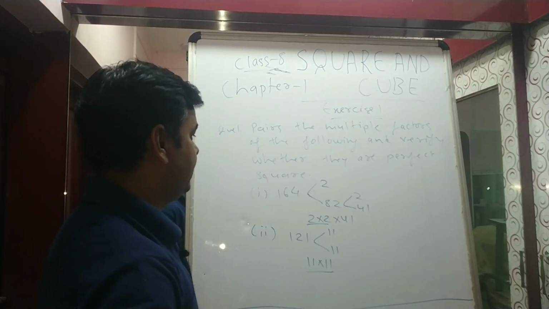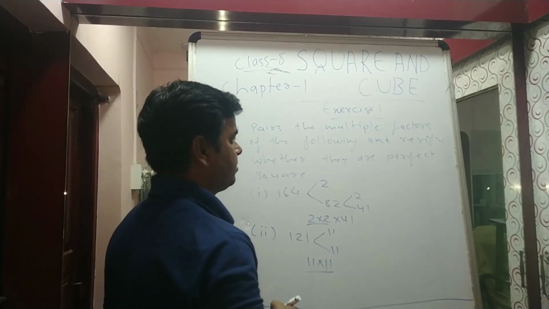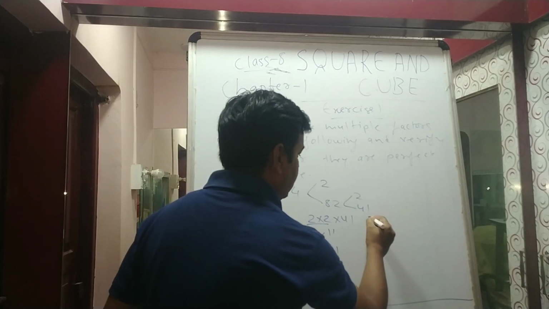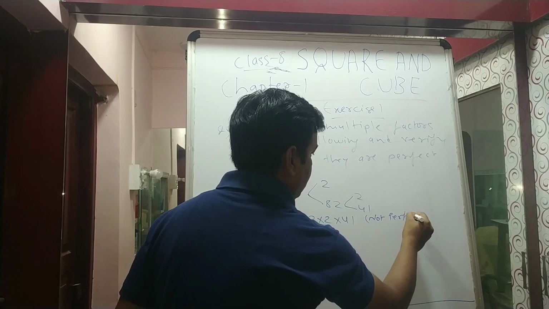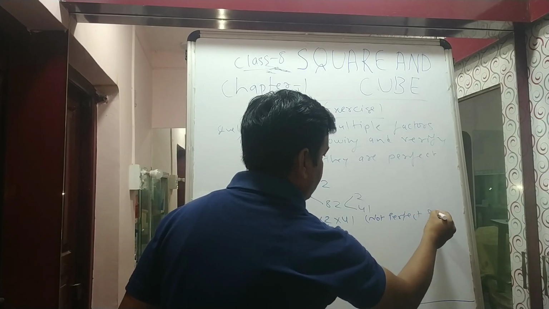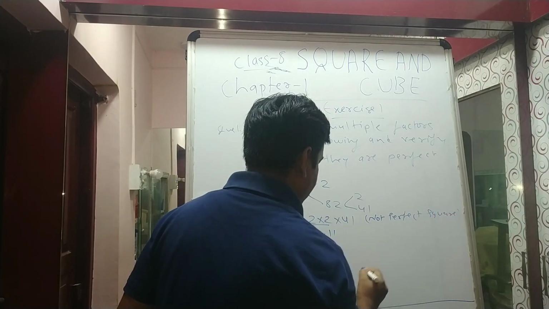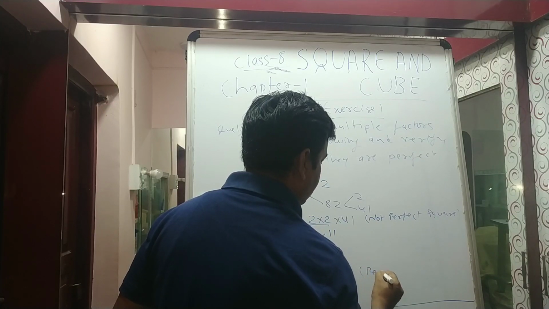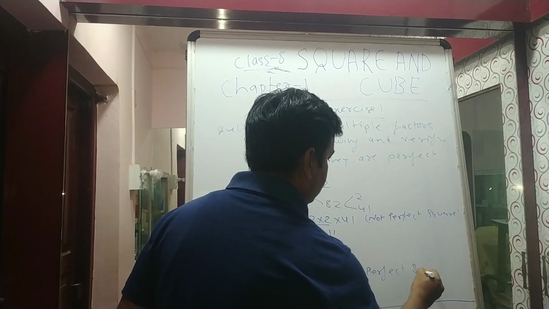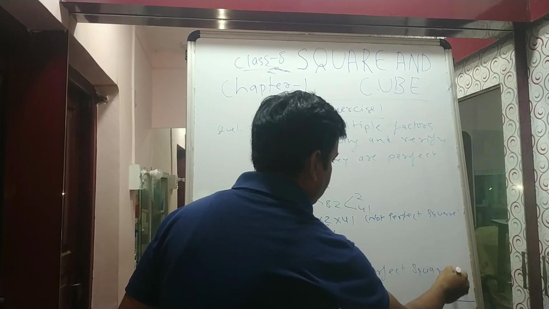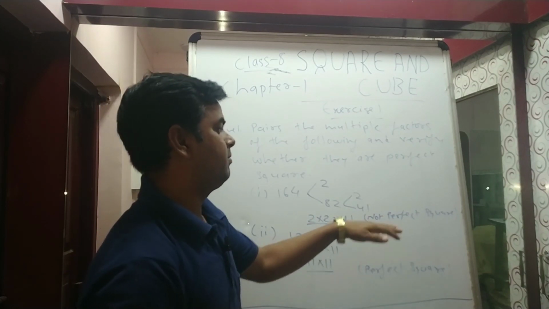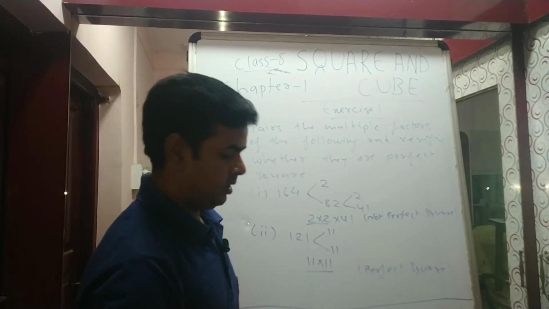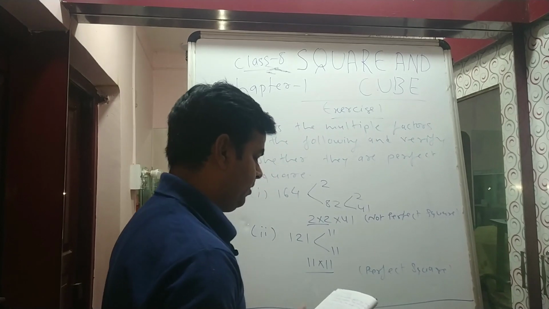So we can say yes, this is a perfect square number. So first we need to find the factors, then we can say that it is a perfect square number or it is not a perfect square number. Okay, let me write a few questions for you.